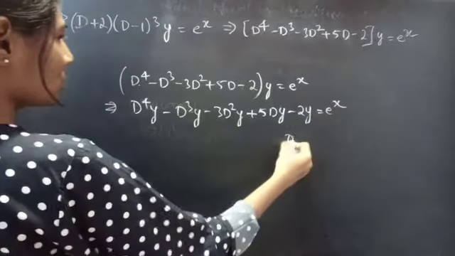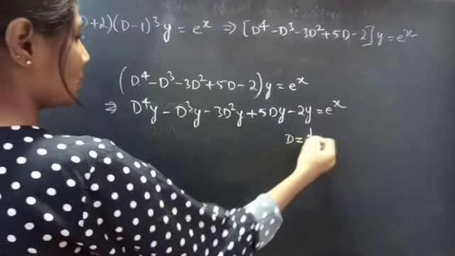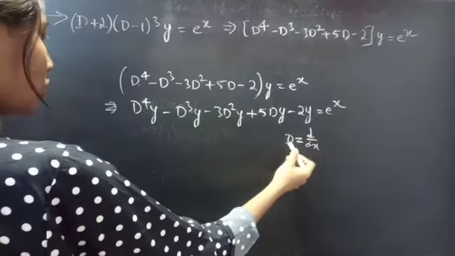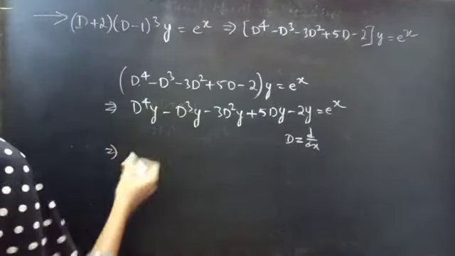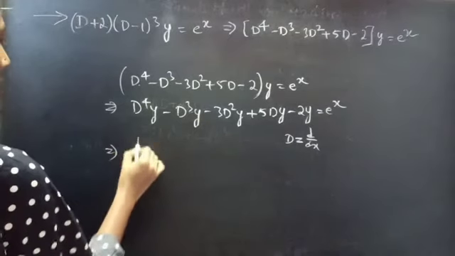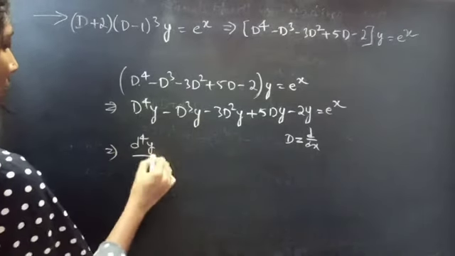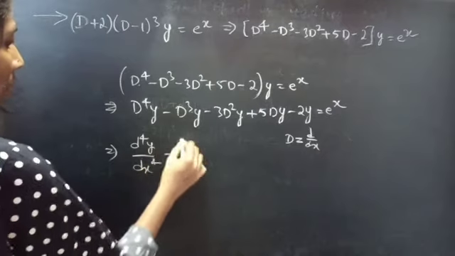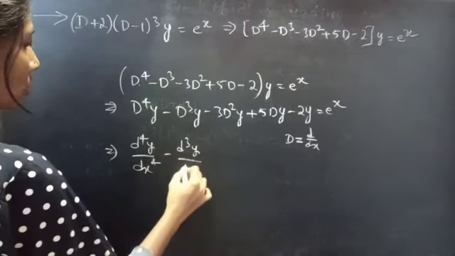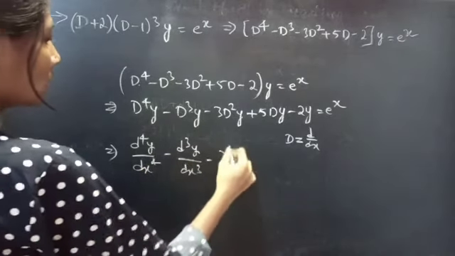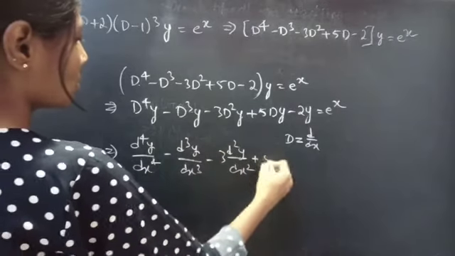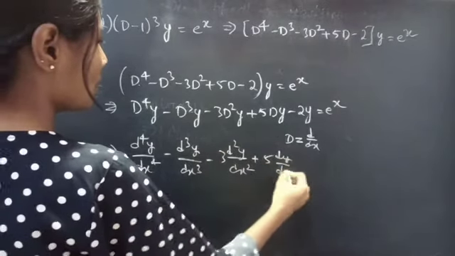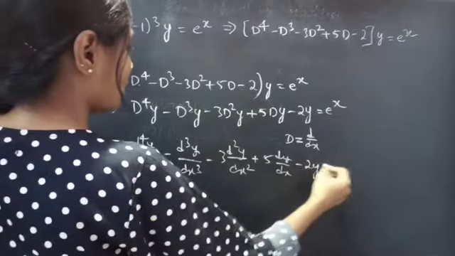We know that the differential operator D is d/dx. So D^4 y can be written as d^4y/dx^4 minus d^3y/dx^3 minus 3 d^2y/dx^2 plus 5 dy/dx minus 2y equals e^x.